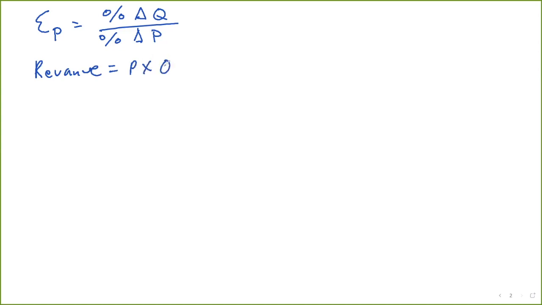So real quickly, recall our price elasticity of demand is the percentage change in Q over percentage change in P. And let's go ahead and write this down. Revenue is price times quantity. And first, let's just say demand is elastic, which means our price elasticity of demand is greater than 1.